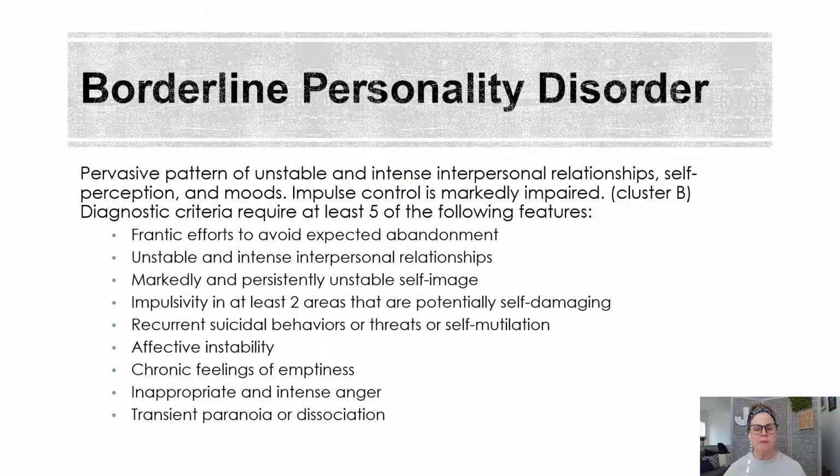So let's go back to borderline personality disorder and look at some important additional details. They have a pattern of unstable and intense interpersonal relationships, self-perception, how they see themselves, and their moods. They have a really hard time with impulse control. When a diagnosis is going to be made for borderline personality disorder, it's going to require at least 5 of the following. And there's a number of things there that are alarming.